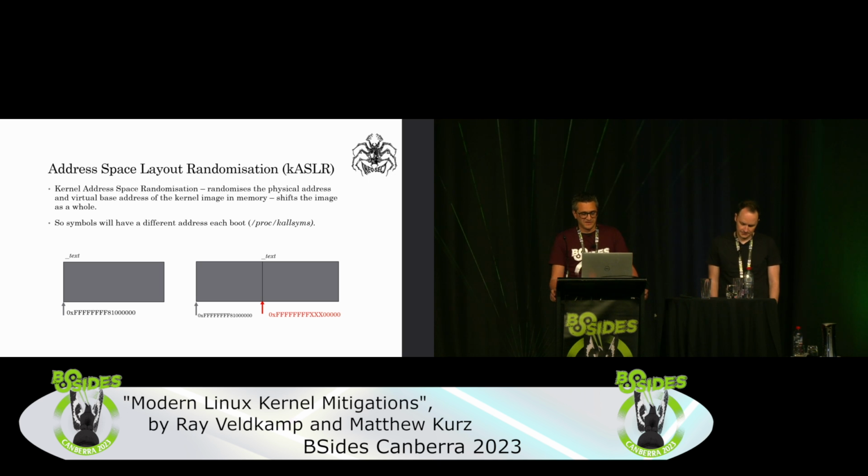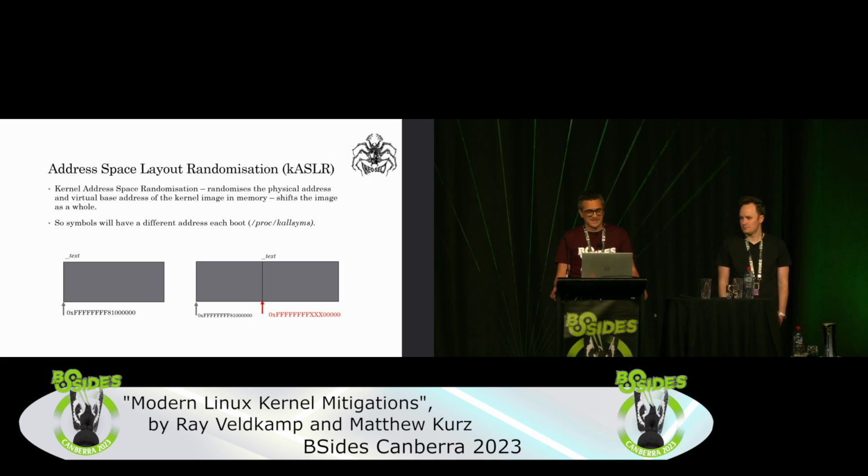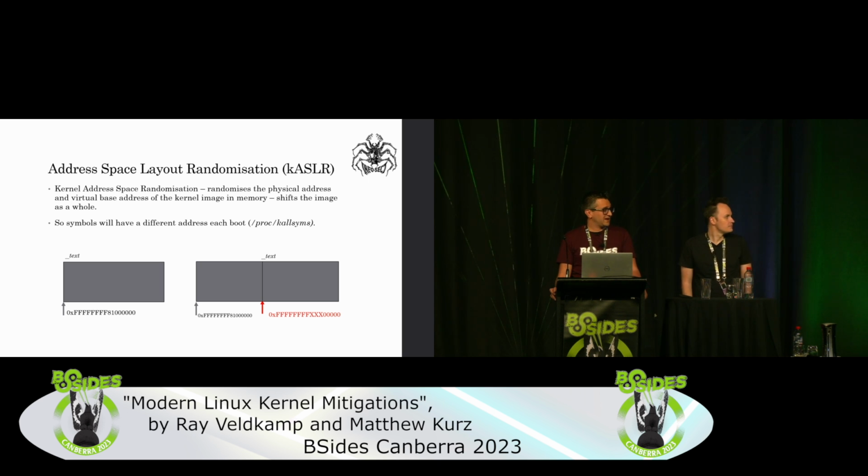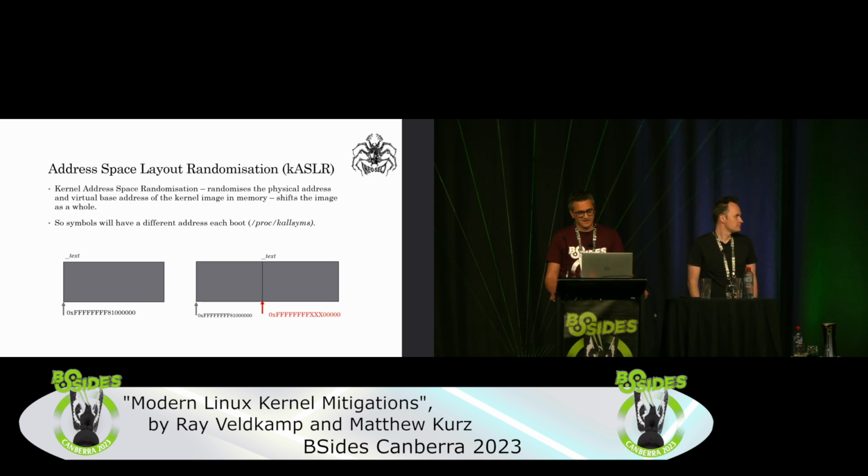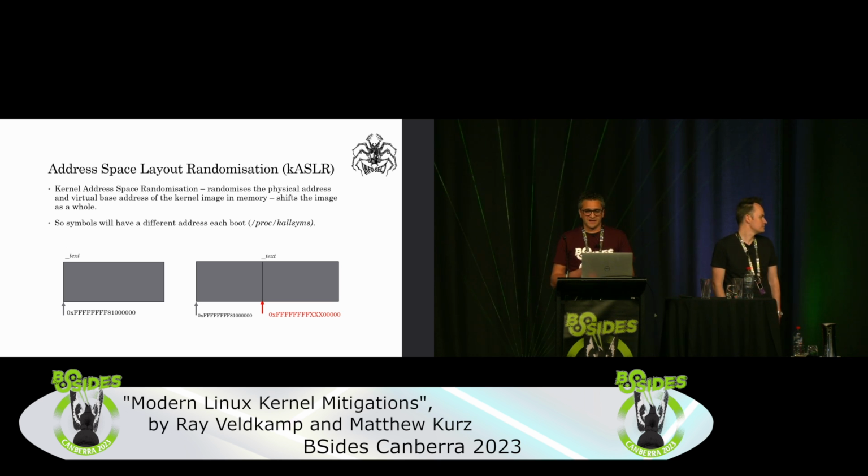If you're root, you can look at the addresses of the symbols in /proc/kallsyms. In the image on the left, you can see the kernel is loaded at this base address without KASLR. When KASLR is enabled, it'll be shifted by a constant amount. The important thing here is that because the whole thing is shifted, the offsets between symbols and the base address will be constant. It's just the slide that changes.